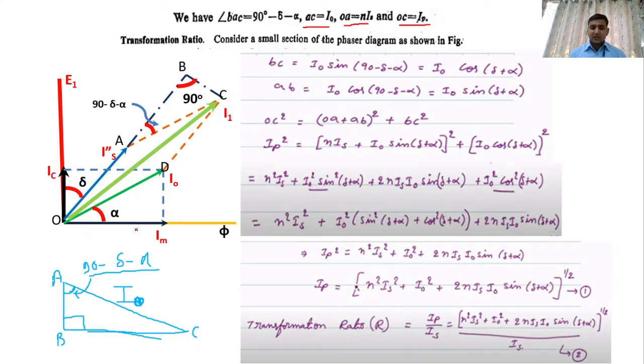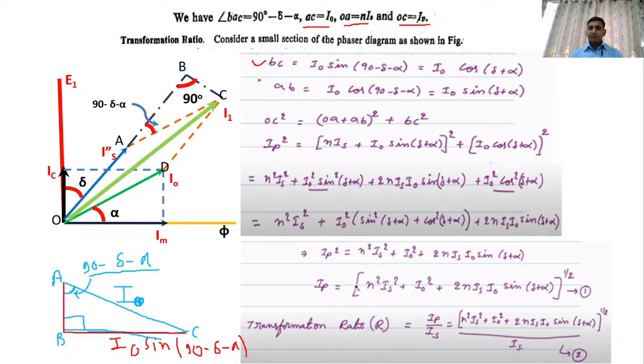As we discussed previously, AC is represented as I0, and AB and BC are the components of our no load current, where the angle between AB and AC is 90 minus del minus alpha. Taking the components, BC is I0 sine of 90 minus del minus alpha, and AB is I0 cos of del plus alpha.